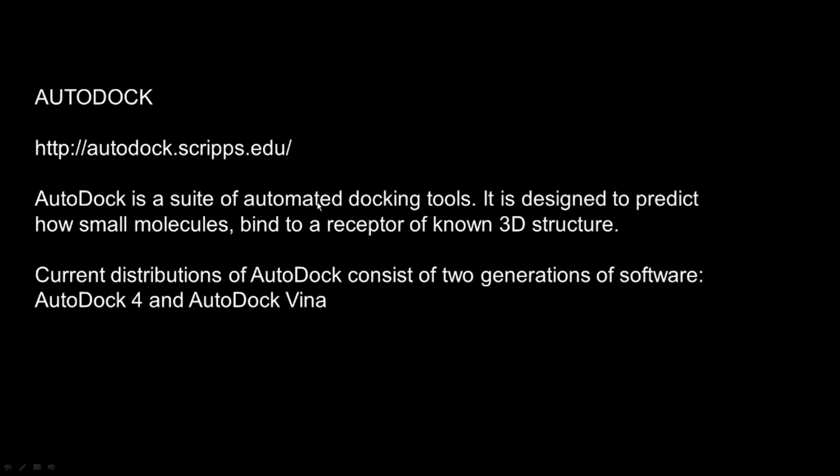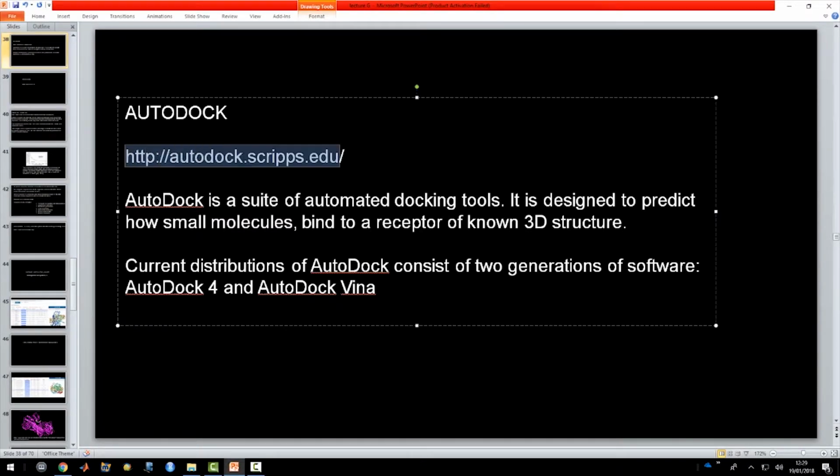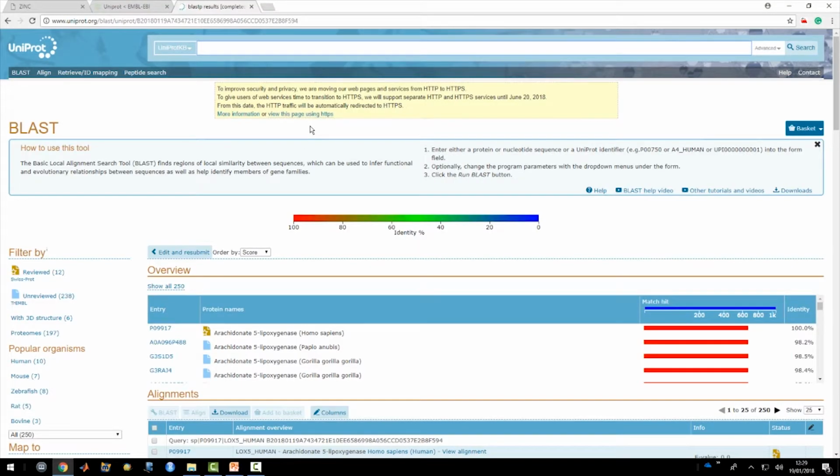This is another free software which can do the job of docking, and both are very good softwares which we can use. As I said, I will show you some examples of how to do docking using both AutoDock and SwissDock.